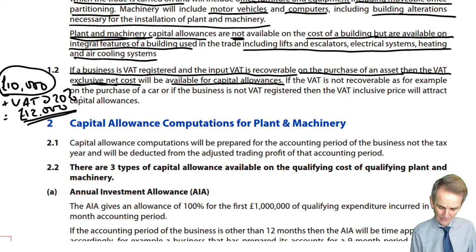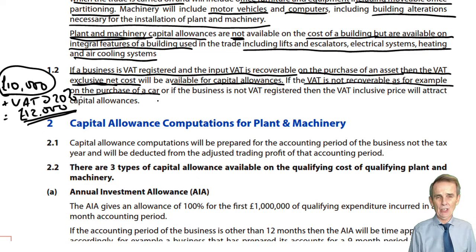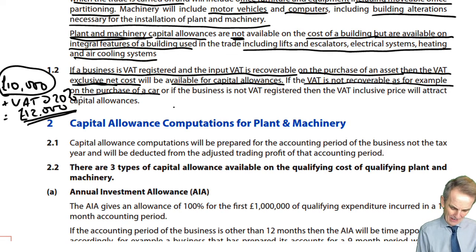If, however, the VAT is not recoverable, why would this be? For example, on the purchase of a car, and in the vast majority of detailed exam questions dealing with capital allowances, cars will be involved. Why? Because there are lots of different rules that we need to know about cars. Cars will always cause us trouble, as you probably know well.